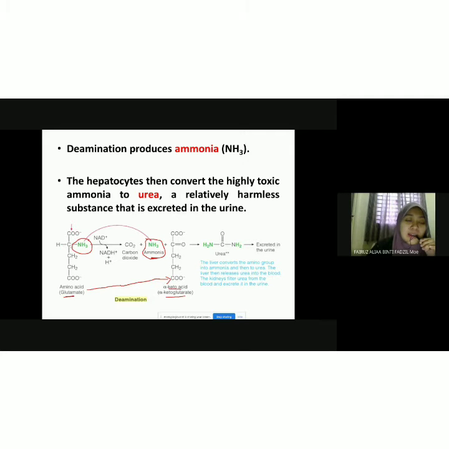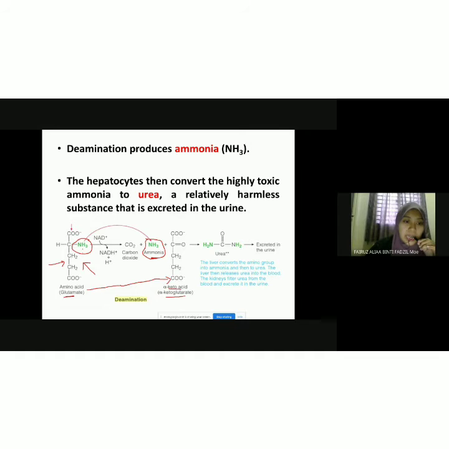Some pictures draw NH2, but in some pictures the NH2 is already combined with H. So like this picture, they draw it as already combined with H, NH3.